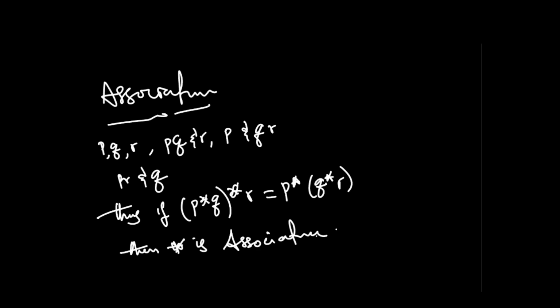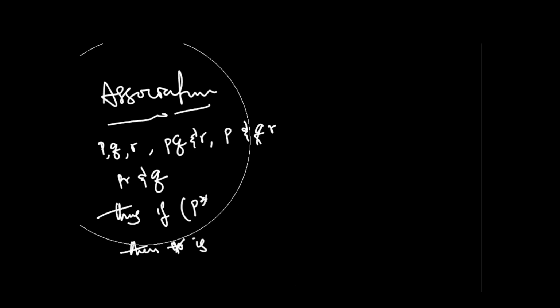So let's look at the next one, which is distributive. When we say an operation is distributive, it is a relationship between 2 operations when separated and combined.